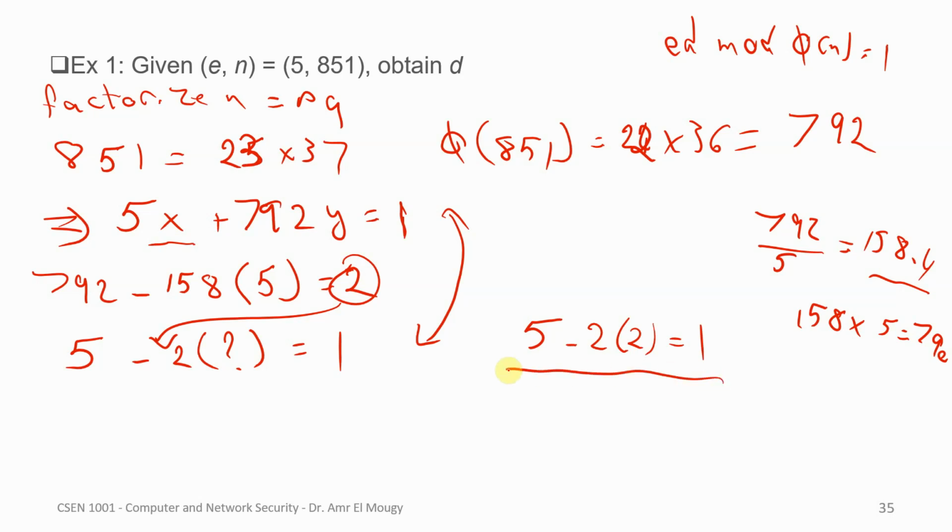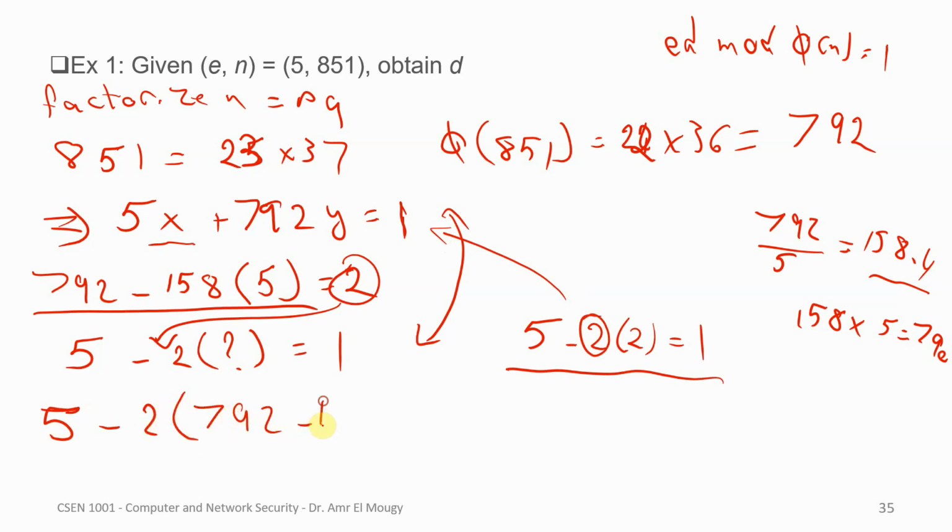Now, take a look at this equation and compare it with this equation. It's not yet very similar. What if we replace 2 with this equation? Because this equation is actually equal to 2. So 5 minus 2 multiplied by 792 minus 158 multiplied by 5 is now equal to 1.